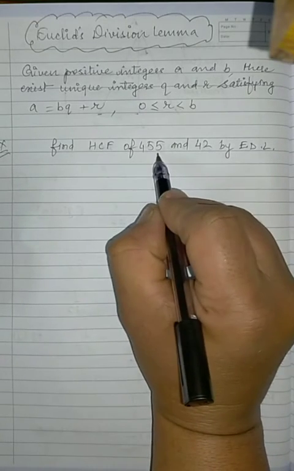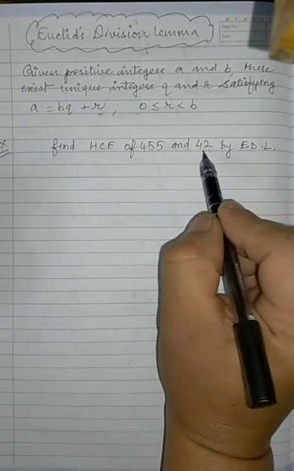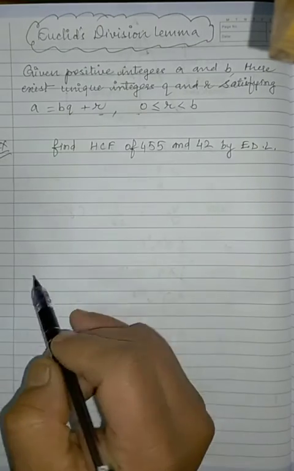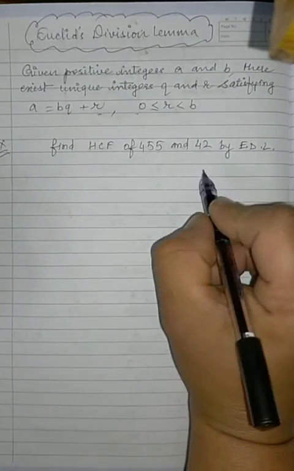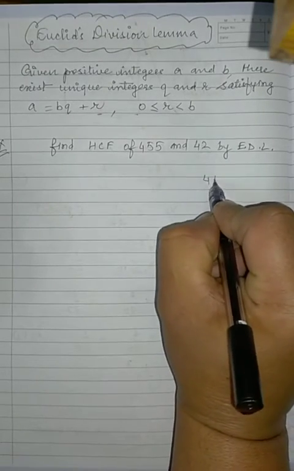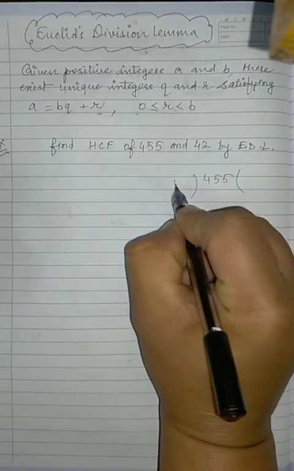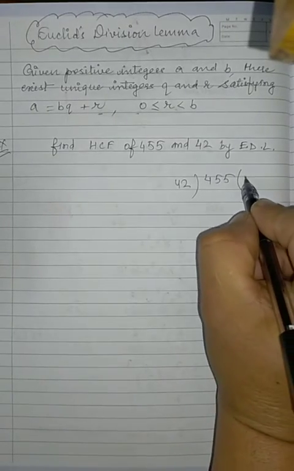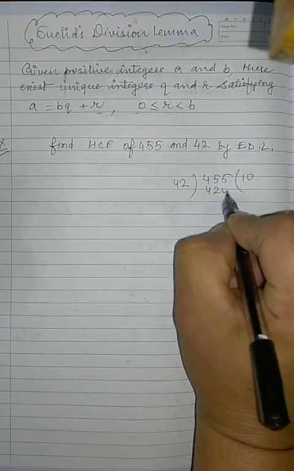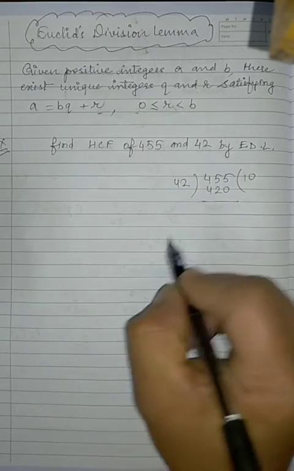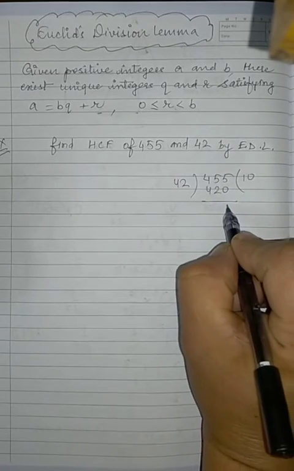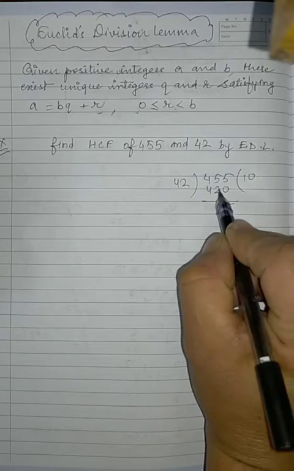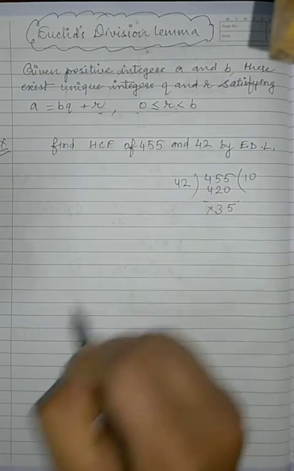Here 455 is a and 42 is b. So let us divide 455 by 42. We get 42 tens are 420, and here our remainder is 35.